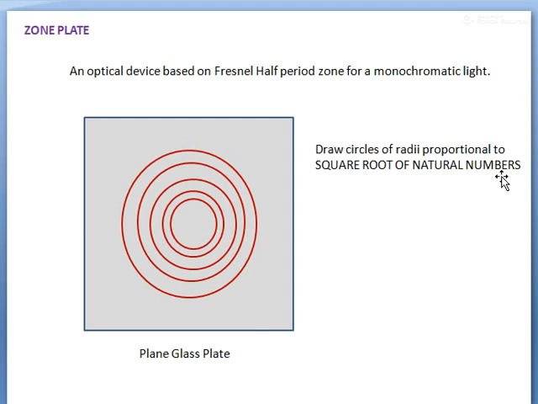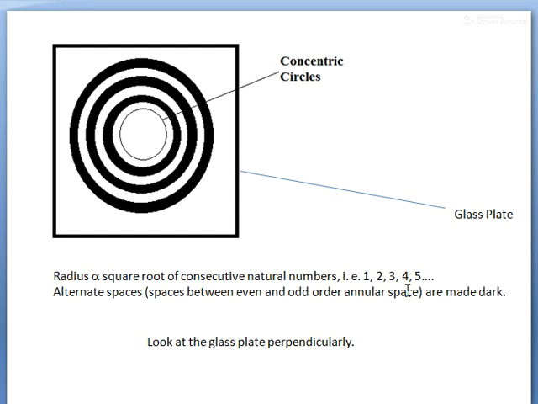Okay, and after that, I am going to take another step, that is the even and the odd annular spaces between the circles are made completely dark, right? So this is the first circle of radius, obviously square root of 1, that means 1, and this is the square root of the even circle, that is n equal to 2.